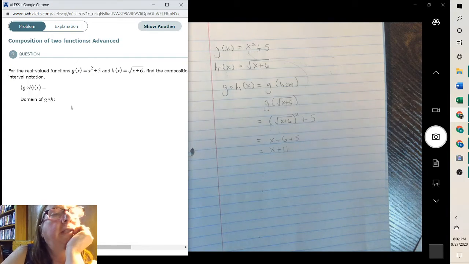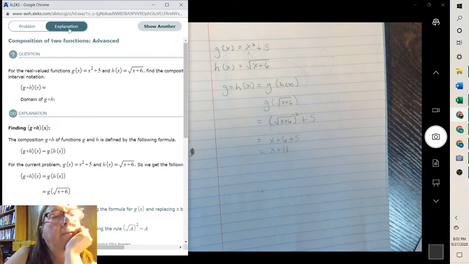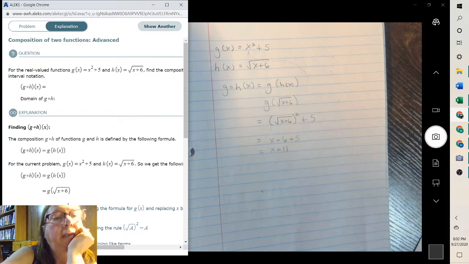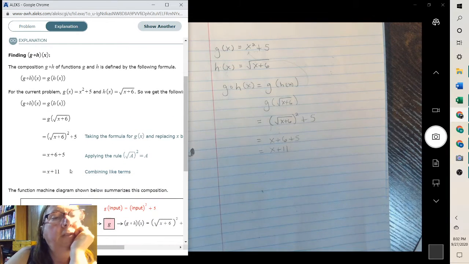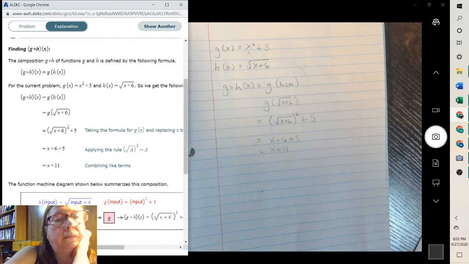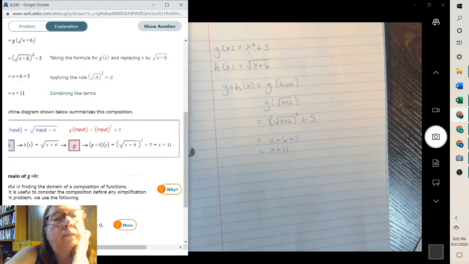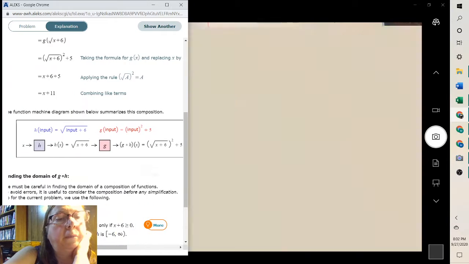Now it wants us to find the domain. So when you're plugging it in, I wanted to make sure they wanted it simplified here. They do. You have to simplify. And they're showing how they plugged it in.